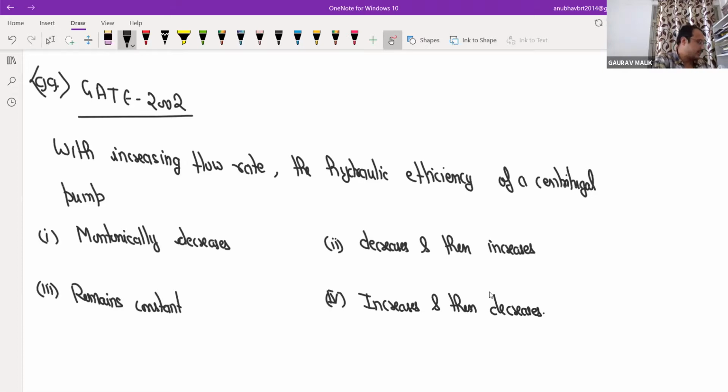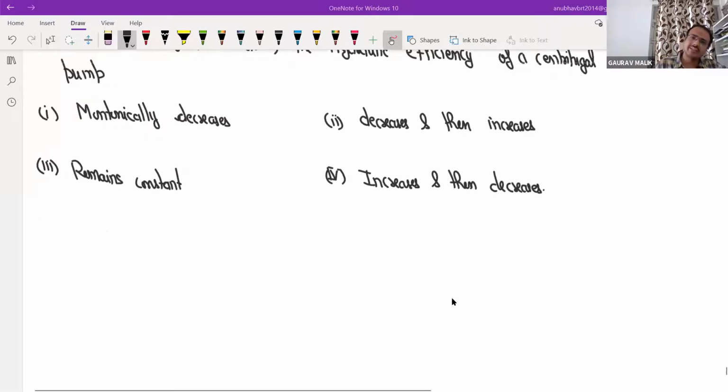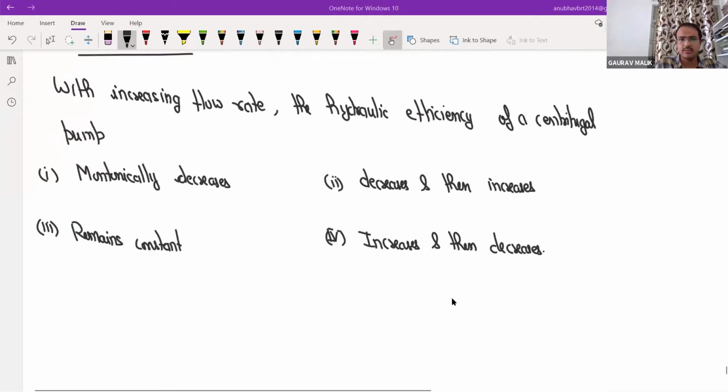So which one is the correct one? The right answer of this question is the last one. It first increases then decreases because you know the BEP, best efficiency point.